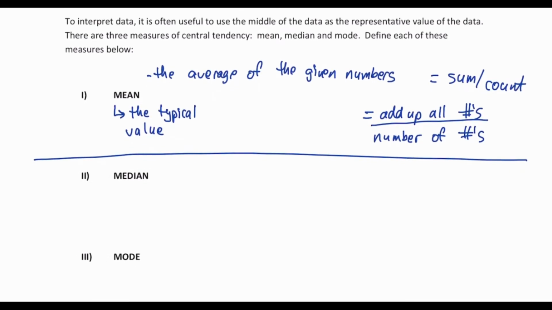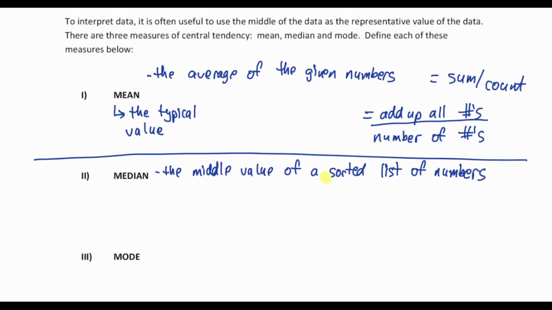Next up, we have the median. The median is the middle value of a sorted list of numbers. And the key word here is sorted.